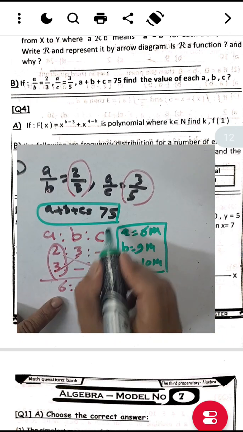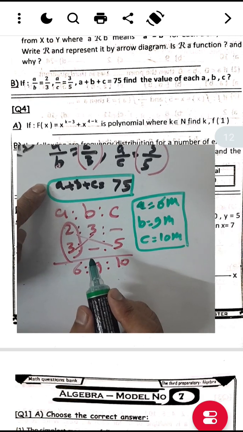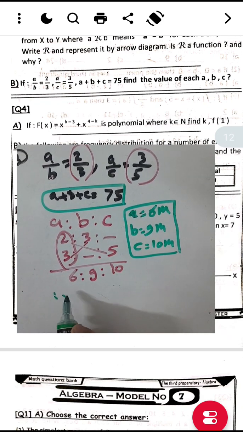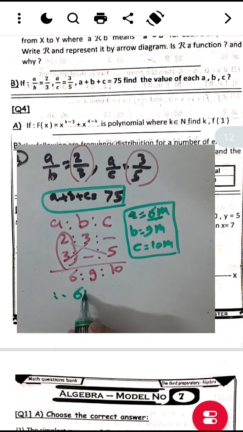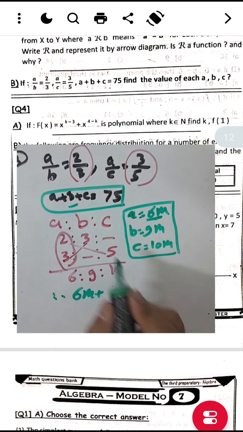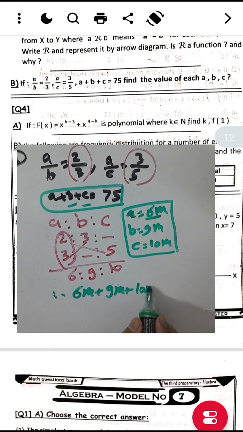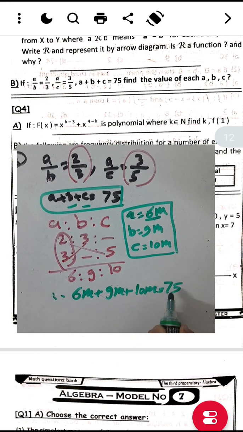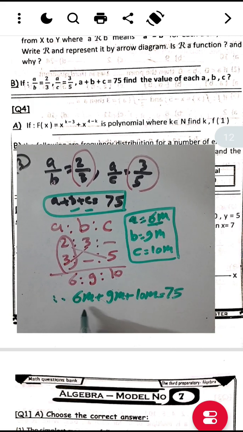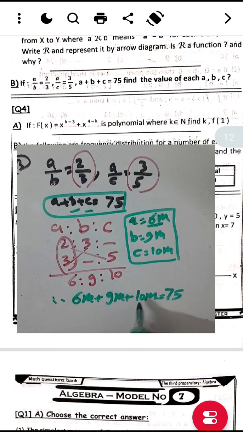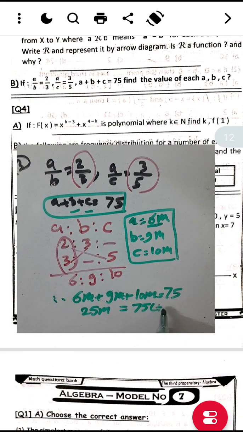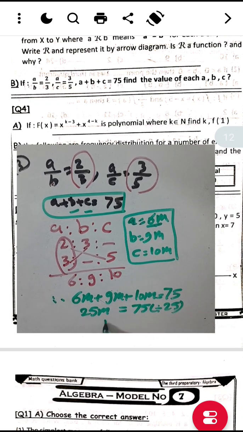Then he gives us the information A plus B plus C equals 75. We add the value of A, 6m, plus the value of B, 9m, plus the value of C, 10m, equals 75. 9 plus 6 is 15, 15 plus 10 is 25, so 25m equals 75, and we divide by 25.